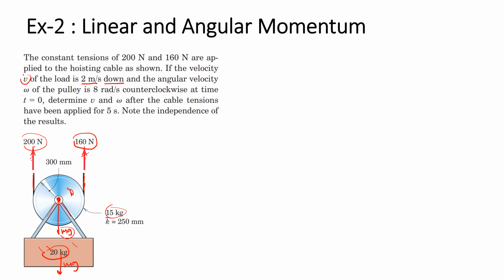The load has a velocity of 2 meters per second in the downward direction, and the pulley itself has an angular velocity in the counterclockwise direction.